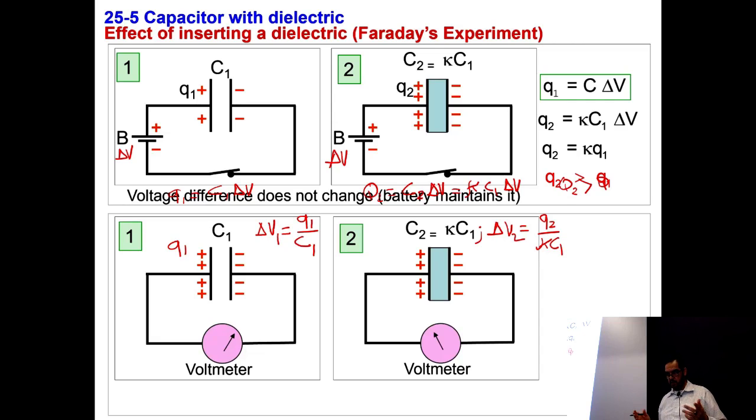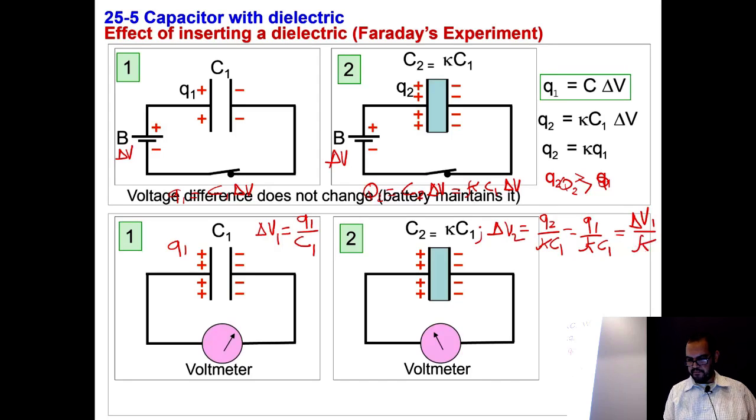Now the question is, is Q2 equal to Q1 or not? Is the charge conserved here? Yes, the charge is conserved. We said the voltmeter does not affect the circuit, so normally the charge is conserved. Let's assume there is no charge being lost to the voltmeter. So this is equal to Q1 divided by kappa C1, which means this is equal to delta V1 divided by kappa.